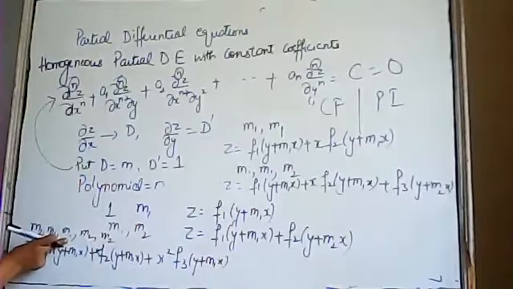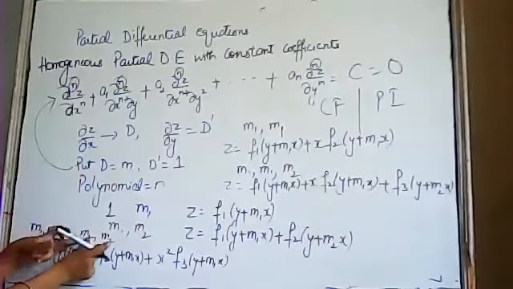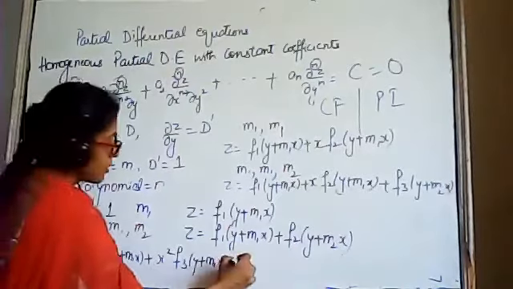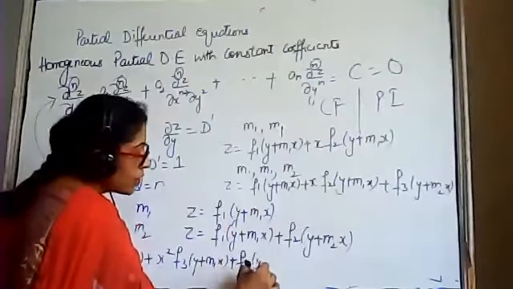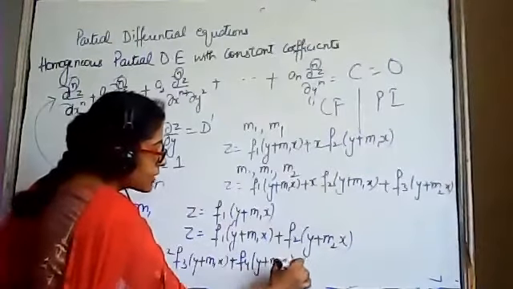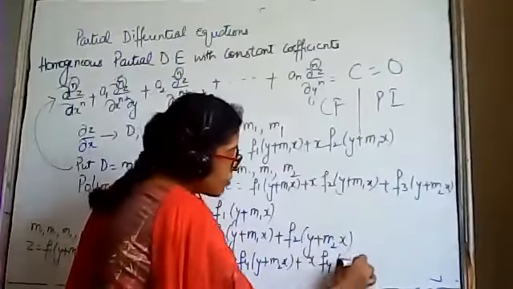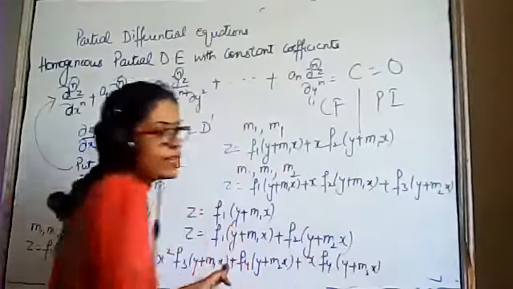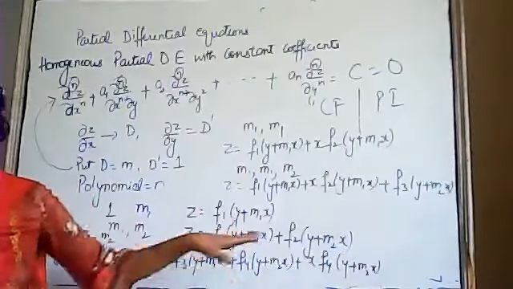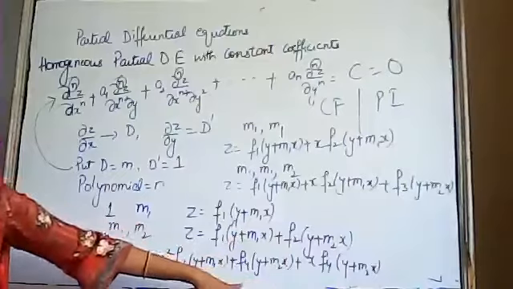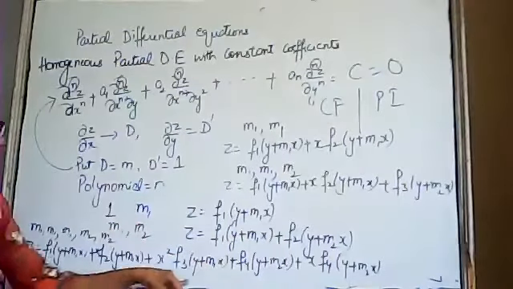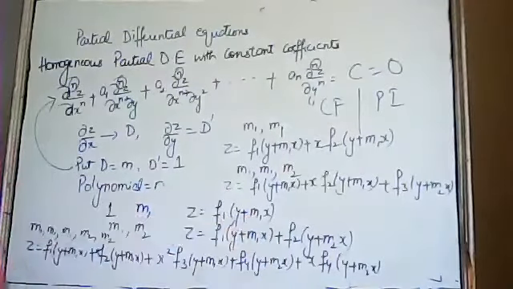This is the solution for these three roots. After that, we again have two same roots, so it will be f4(y + m2x) + x f5(y + m2x). In the same way, we can have any number of roots, and the terms will keep increasing.